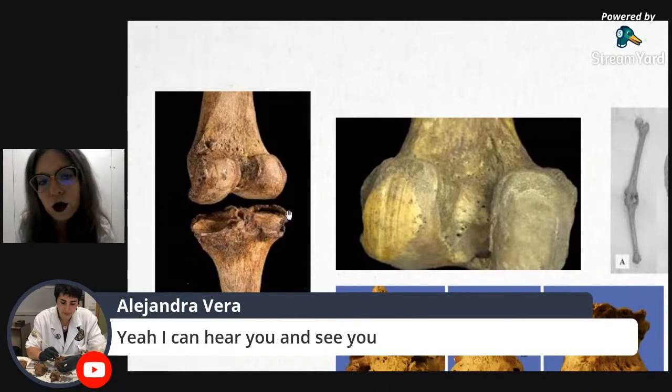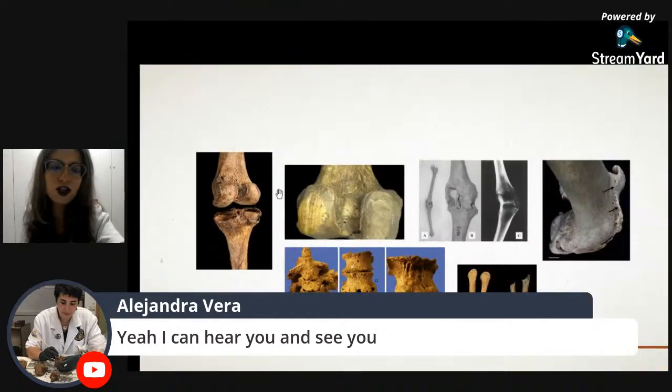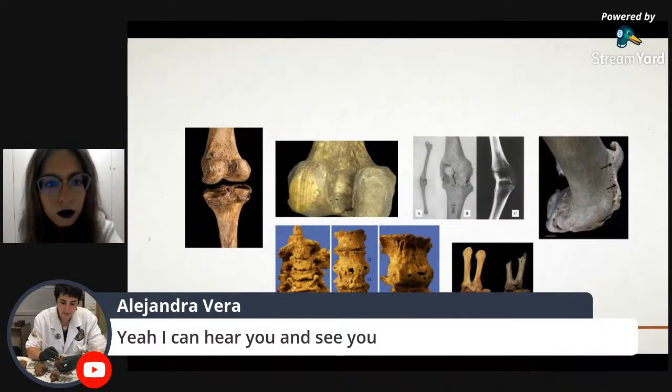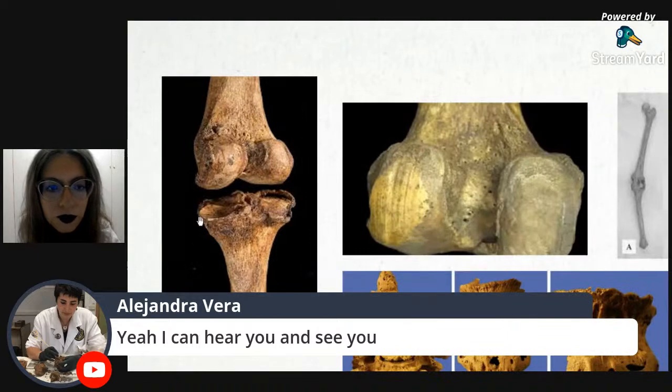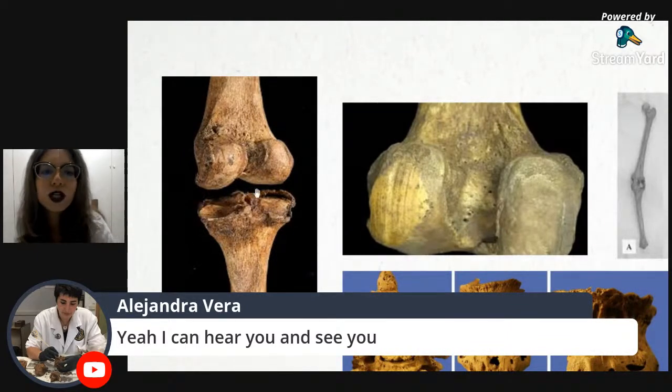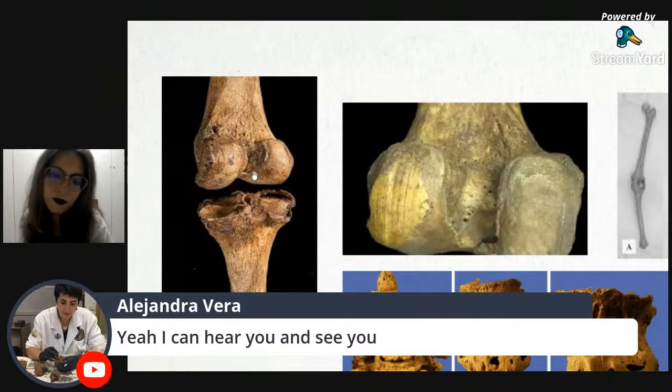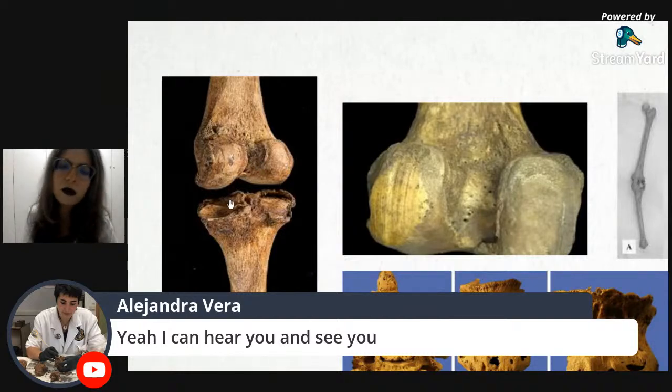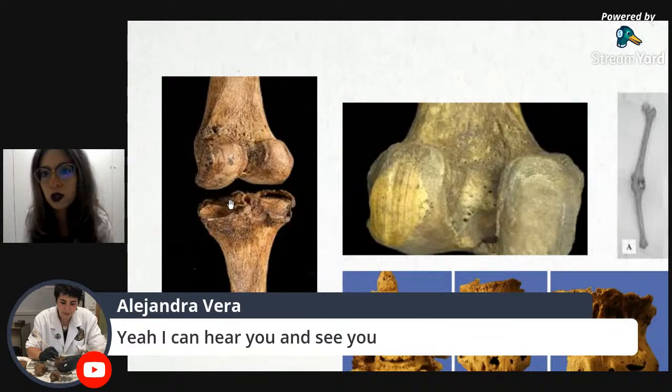It's all made of new bone. There is also a sort of degeneration, as we can see here, of the condyli, which happened because the liquid in the joint articulation is inflamed and it's thinning because of the inflammation.